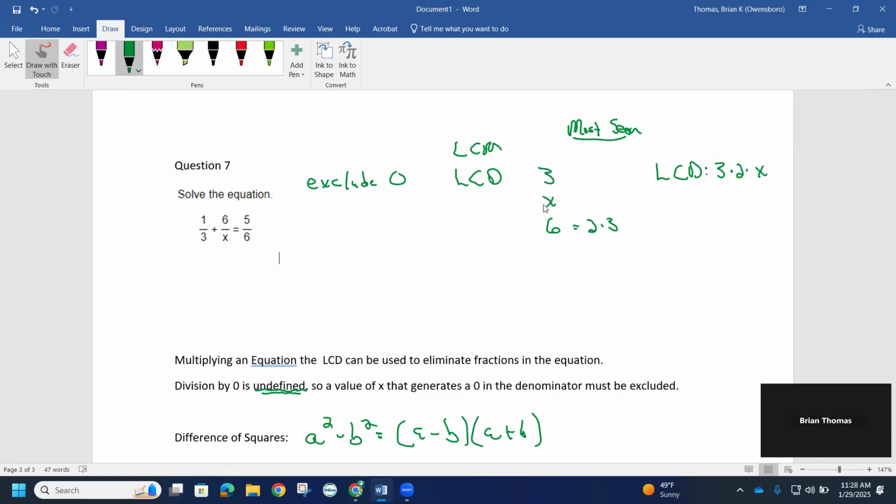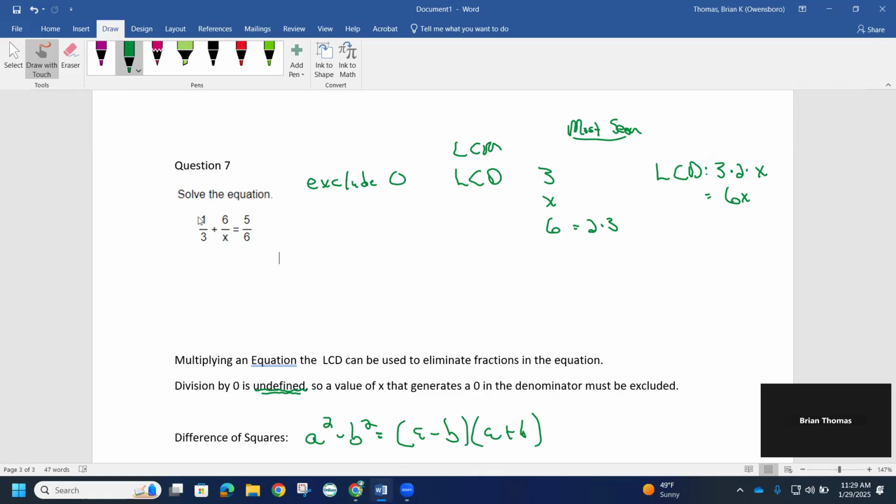The most x's I needed here was none, and here was 1. So when I do my least common denominator, the most seen in each individual spot was just 1 3. When it came to the 2, there weren't any 2's here, there was 1 2 there, so the most seen was just 1 2. And then I need an x here, but I don't need any x's elsewhere, so the most that was needed was just 1 x. So if we put this all together, you can see that 6x is our least common denominator.